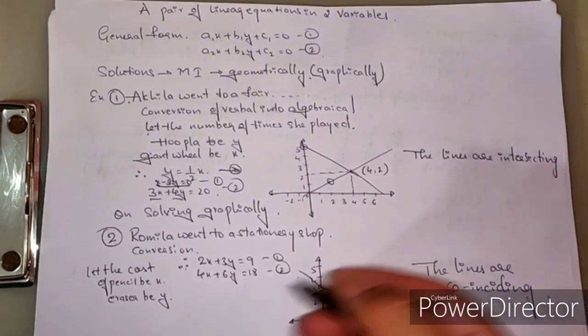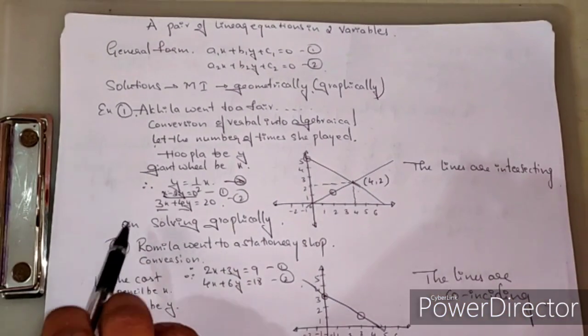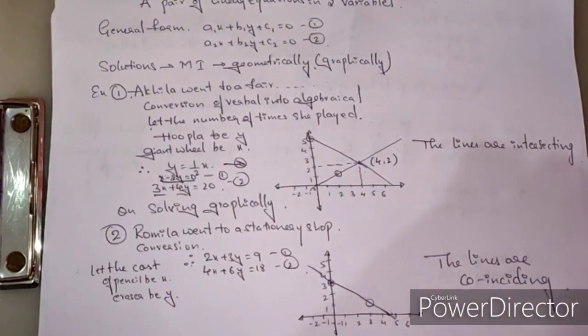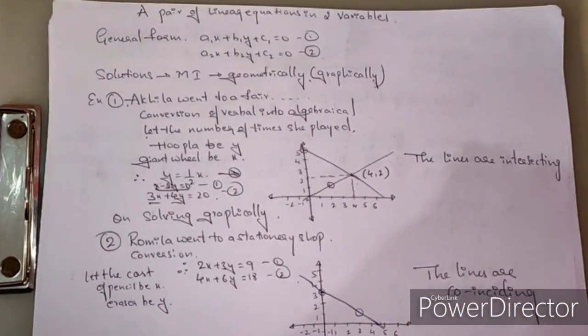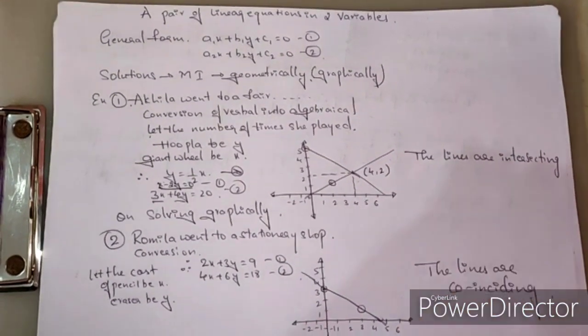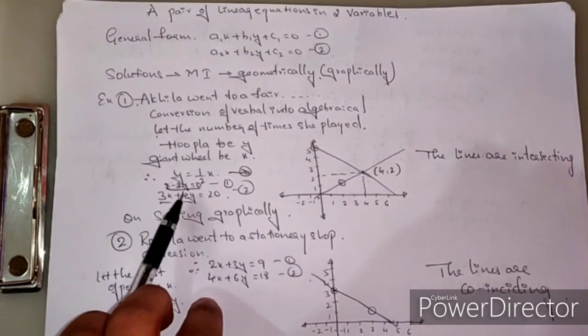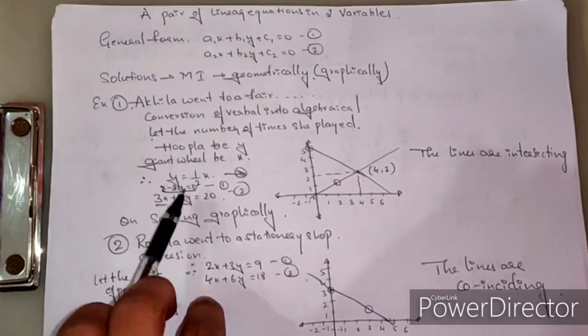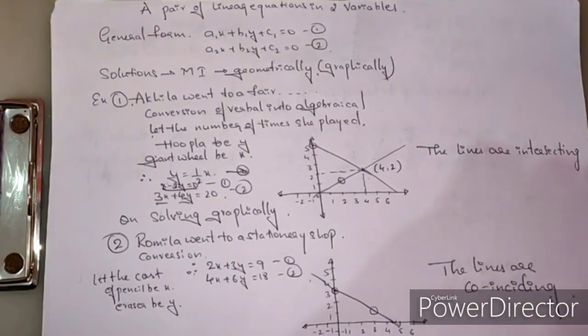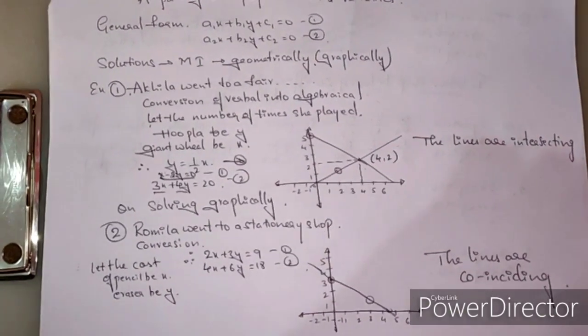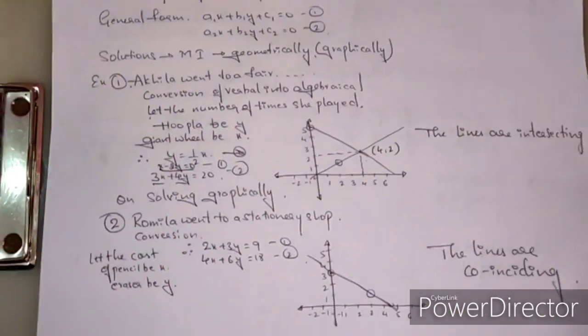As you can see, these are the two lines which represent each equation. And how are these two lines? The lines are intersecting each other. Remember this: with the help of an equation, we will know how the lines are just by knowing some relationship.